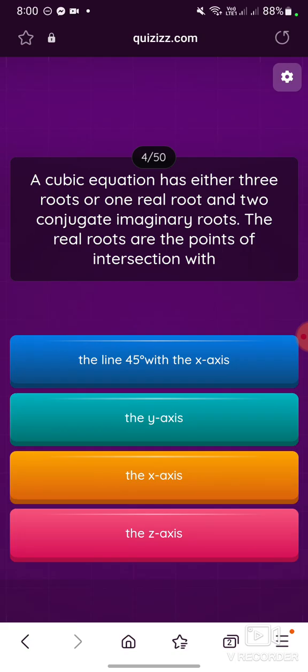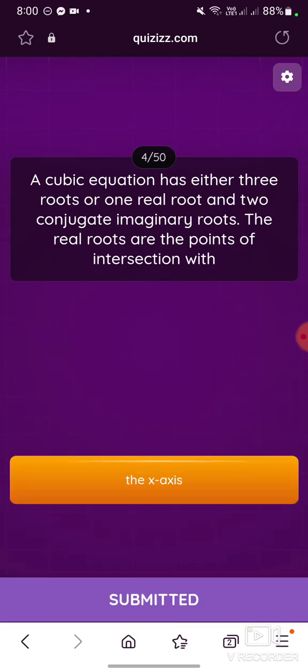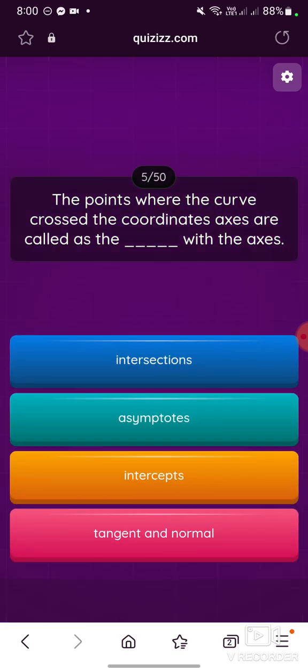A cubic equation has either three real roots or one real root and two conjugate imaginary roots. The real roots are the points of intersection with the points of the curve.